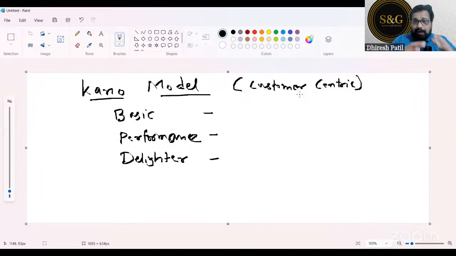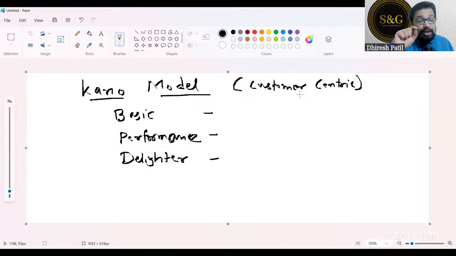Okay, if you have created an app, and there are a few apps available where, let's say, there is no medical help available, you go to the app and discuss with a qualified doctor, and the doctor will prescribe the medicine and you can purchase that medicine online. So that is kind of a delighter. Yeah, a gift with some offer. Fantastic. So you divide basic, performance, and delighter. Are you understanding? The solutions.